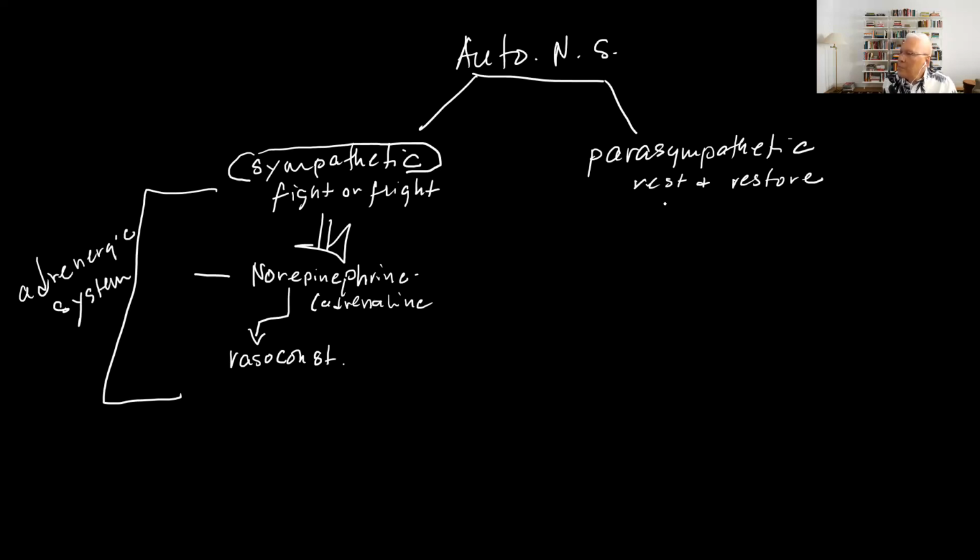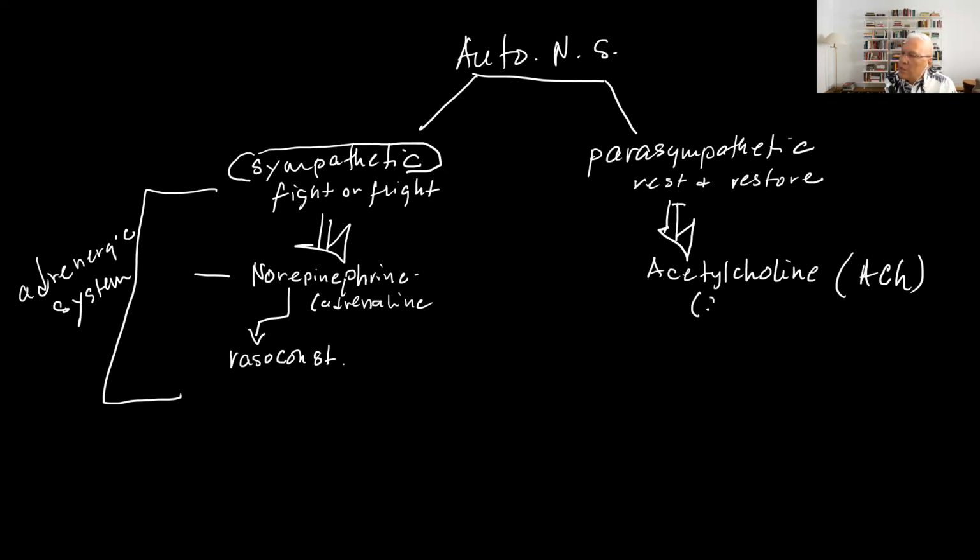All right, the parasympathetic nervous system, on the other hand, is influenced also by another chemical, and this particular neurochemical is going to be acetylcholine. And oftentimes it is referred to as ACH.